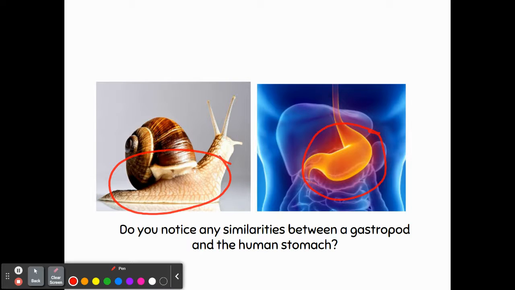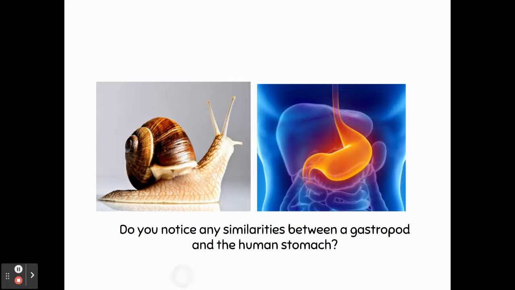Most of you are probably laughing and saying they move really slow. So a gastropod moves slowly, kind of like the food in our stomach. It takes about 6 to 8 hours for food to digest in your bodies, even as a child. Sometimes in adults, it slows down even further. It takes longer for adults to digest food sometimes, or sometimes they can do it faster.